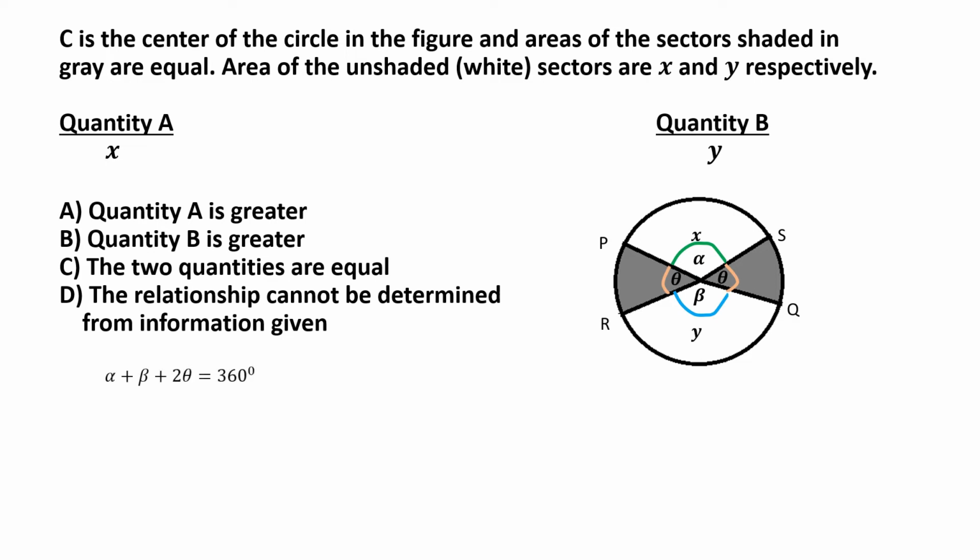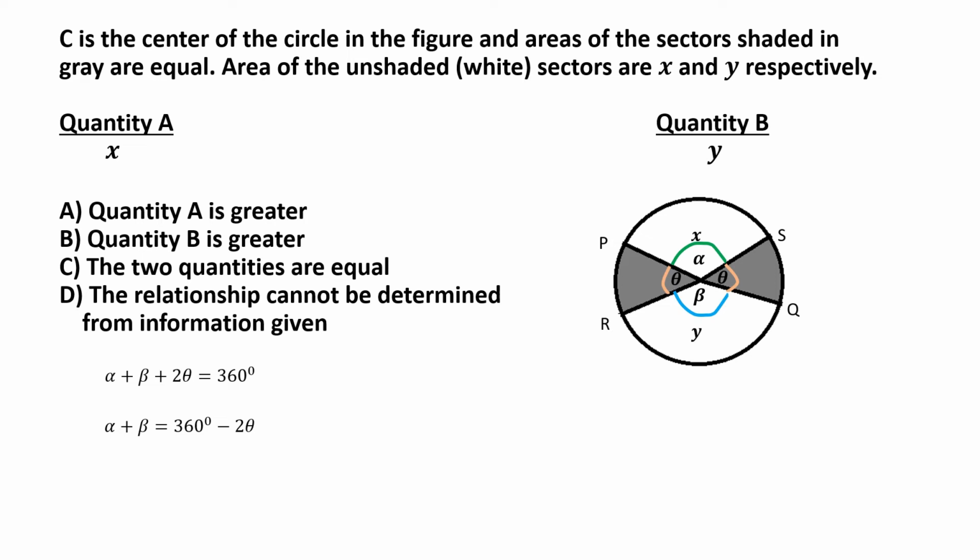So we can write: alpha plus beta plus 2 times theta is equal to 360 degrees. From this, the only information we can get about alpha and beta is that alpha plus beta is equal to 360 degrees minus 2 theta, where theta is the angle of the equal shaded sectors, right?